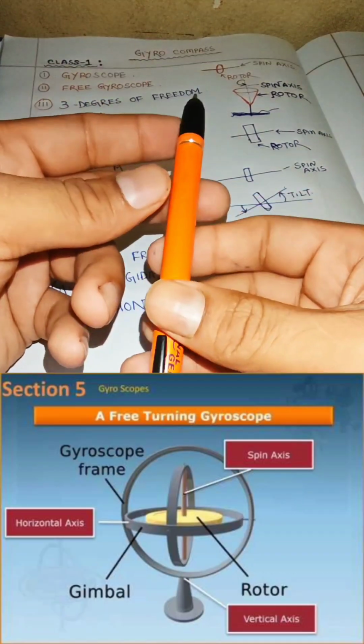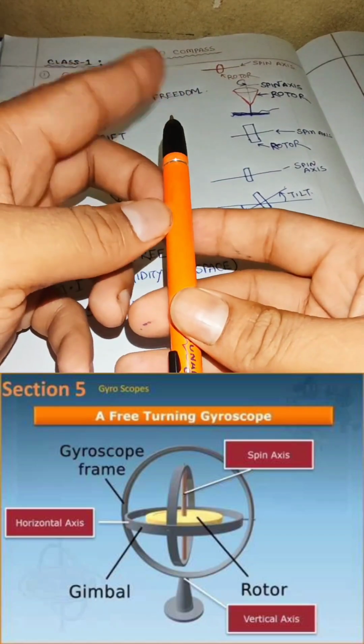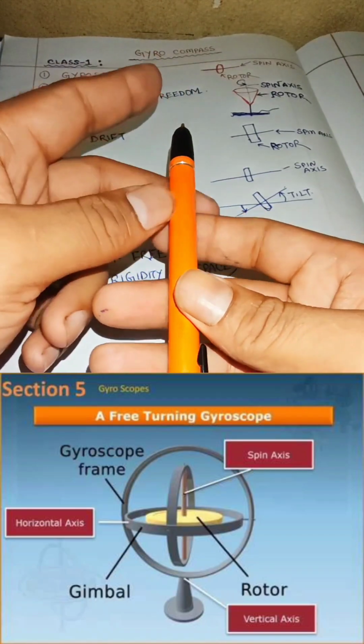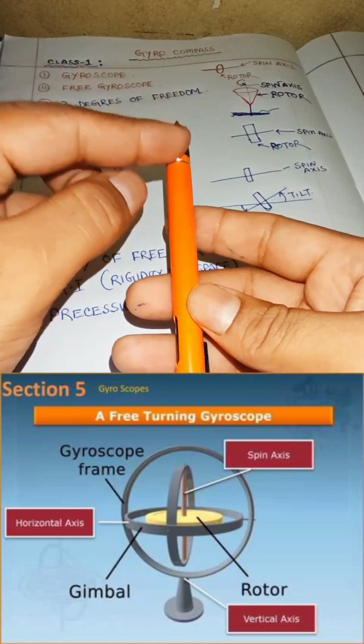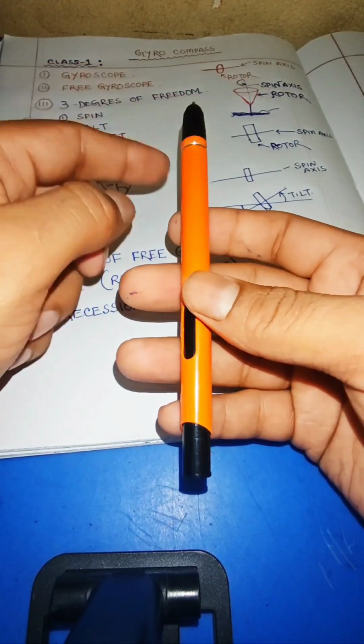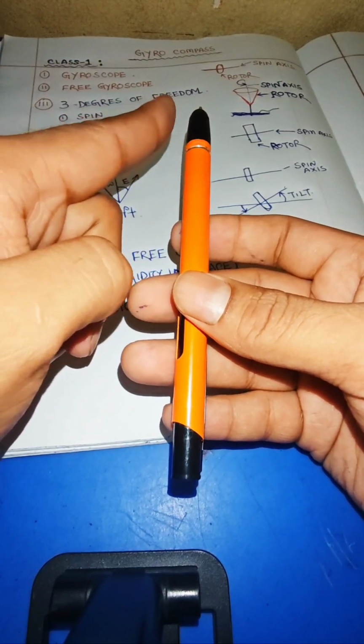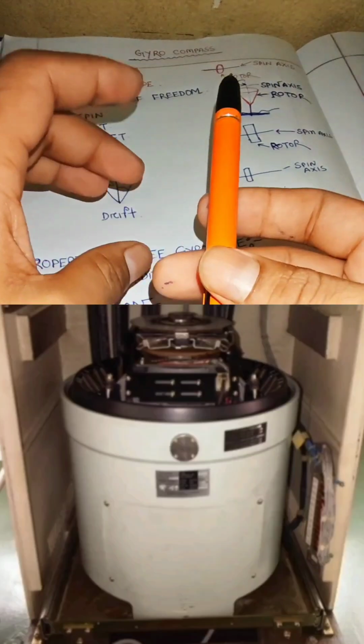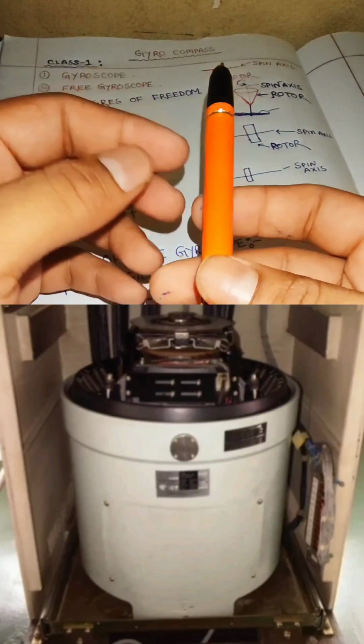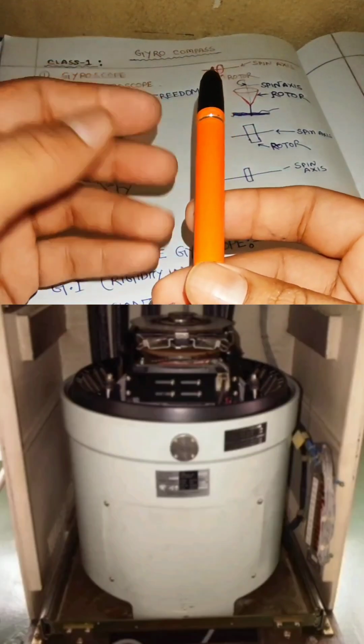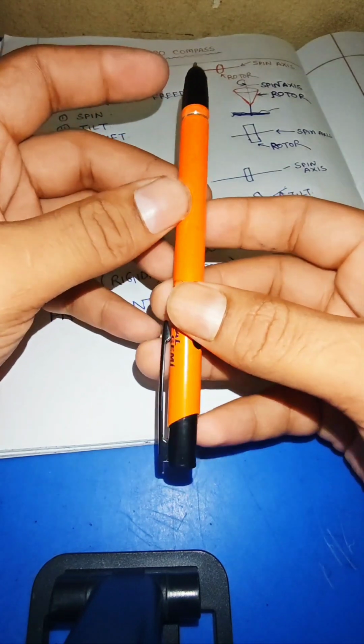Like this is the rotor and it's rotating, and this is the spin axis and it's pointing to a fixed direction. Until any external force is applied on this rotor, it will keep pointing towards that fixed direction. For the gyrocompass, it is the pole star, or the gyrostar, which is near the north pole.